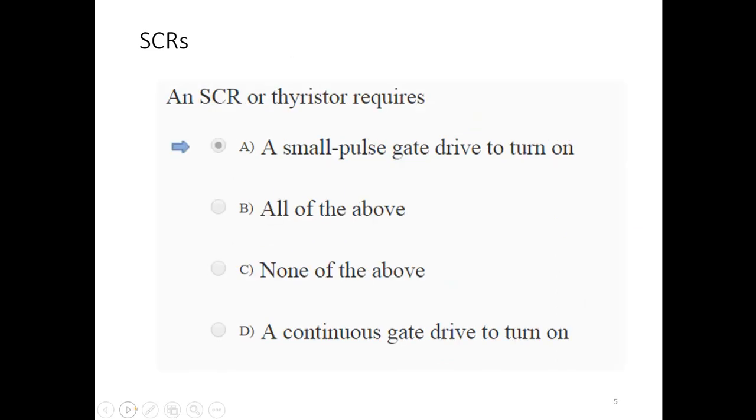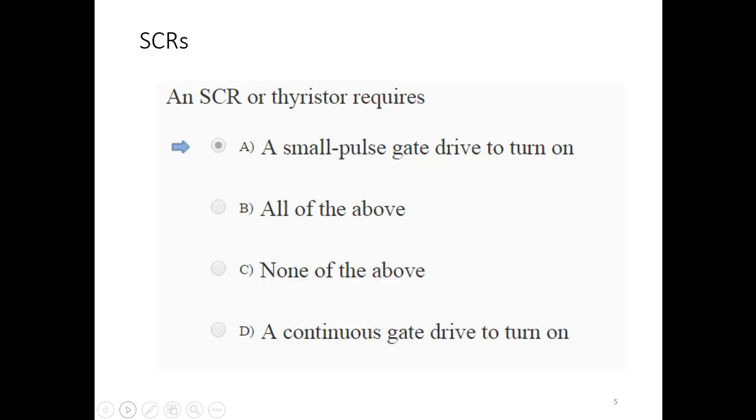Now, what type of gate drive does an SCR require? The beauty of the silicon controlled rectifier is that you apply a small pulse to the gate and the device latches itself. After that, when you take the gate pulse out, it will remain on. That's a latching device.